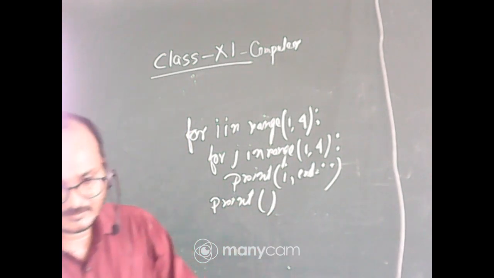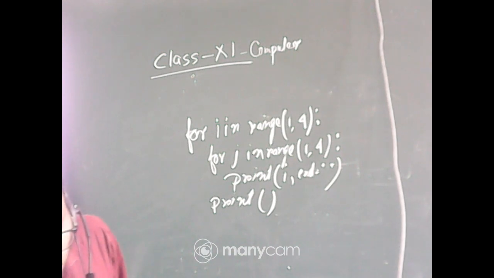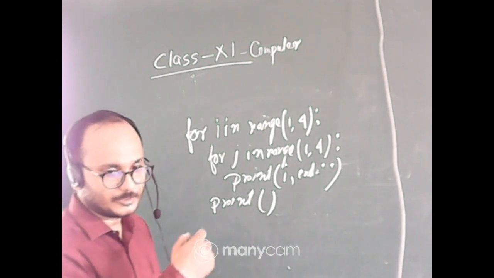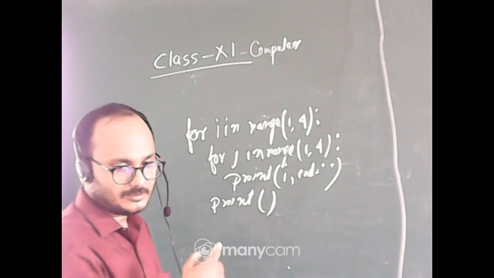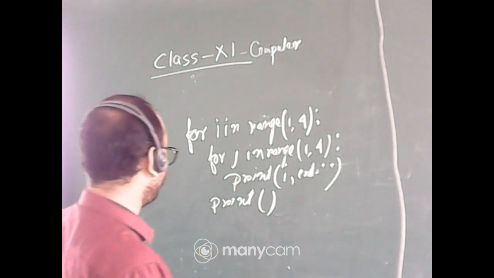Just like that. In the previous program we printed the j value, and in this program the i value. Then yes, okay, very good, very good.